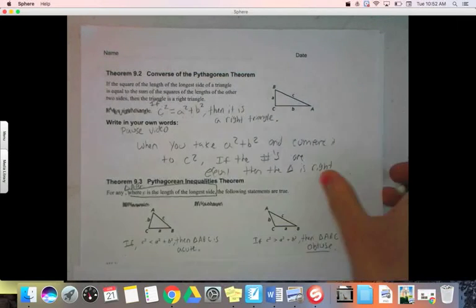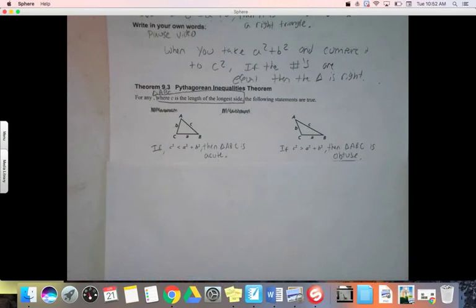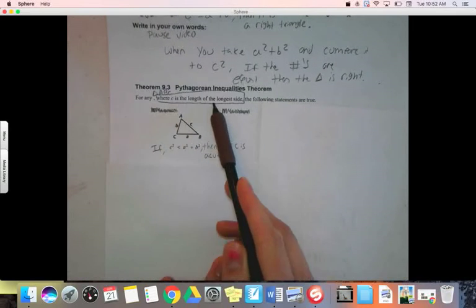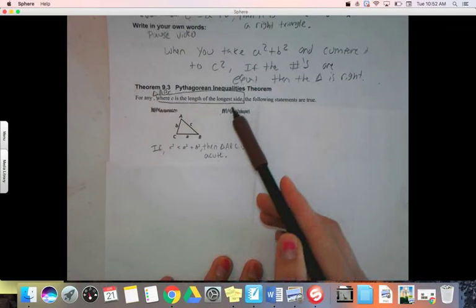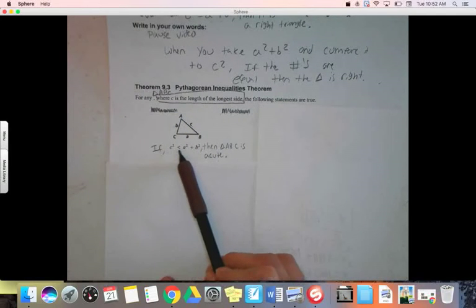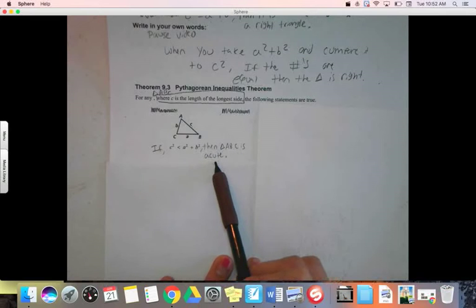So some more parts to this. So for any triangle where c is the longest side, so c is always the longest side, the following statements are true. If c squared is less than a squared plus b squared, then triangle ABC is acute.